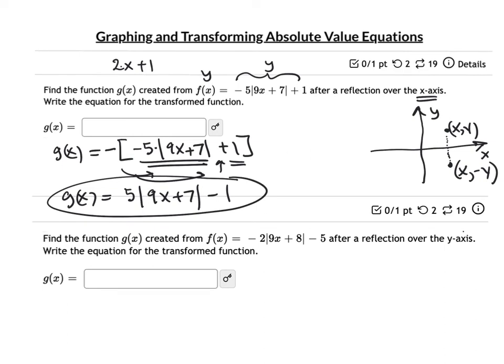Find the function g of x after we reflect that function over the y-axis. So think of the coordinate grid. We're going to reflect a point x, y, and this time we're going to go over the y-axis. So straight across to the other side, x becomes the opposite, y stays the same.